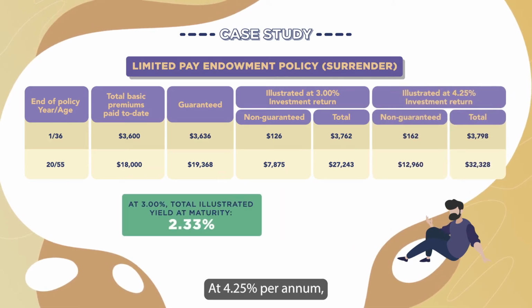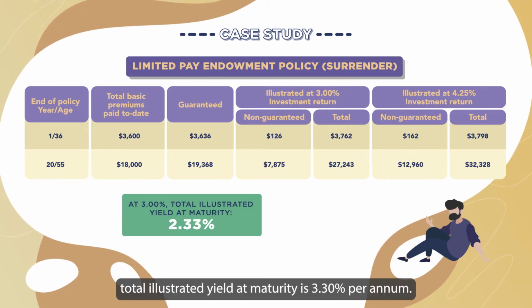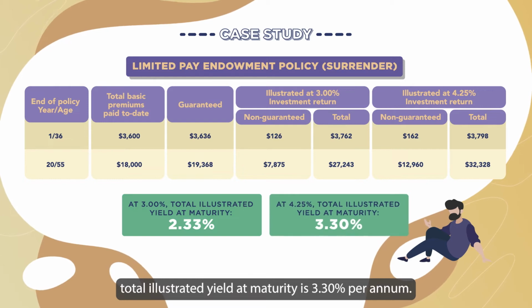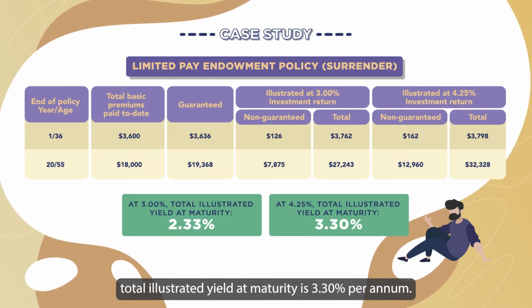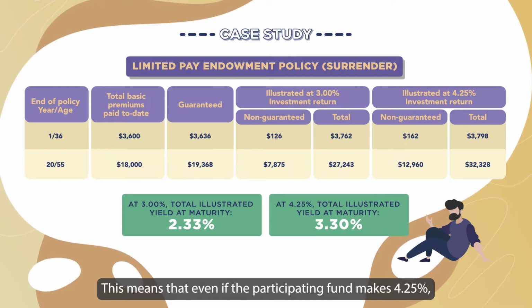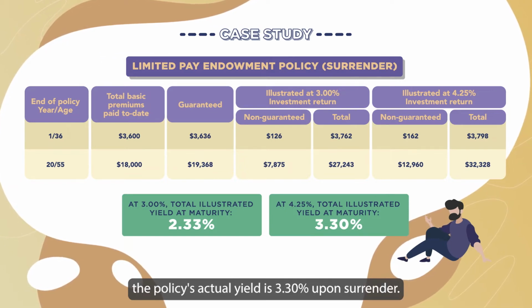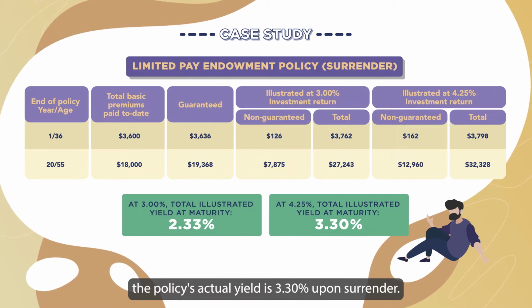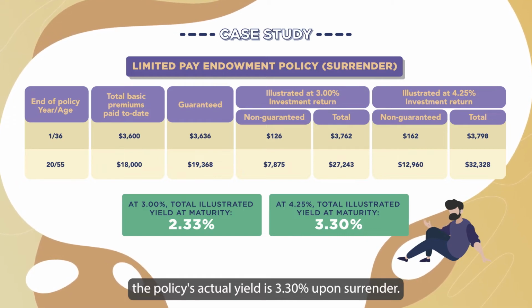At 4.25% per annum, total illustrated yield at maturity is 3.30% per annum. This means that even if the participating fund makes 4.25%, the policy's actual yield is 3.30% upon surrender.